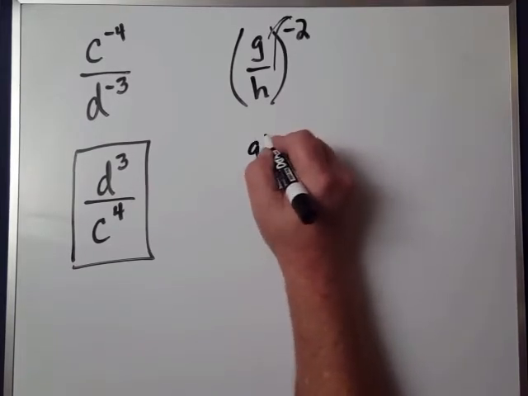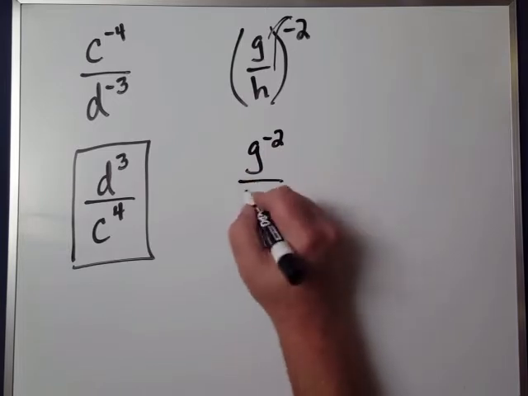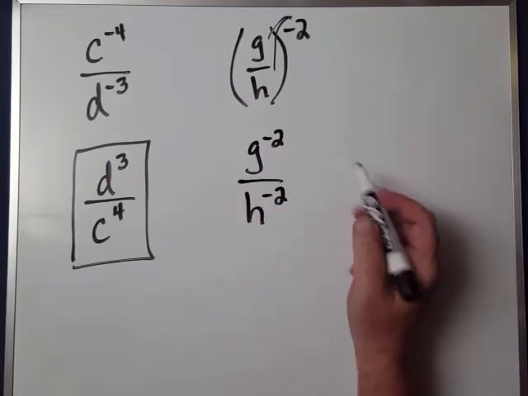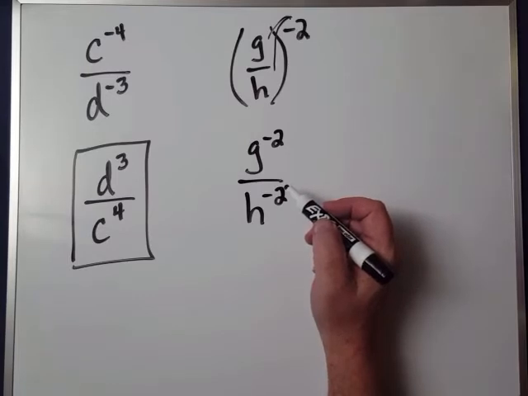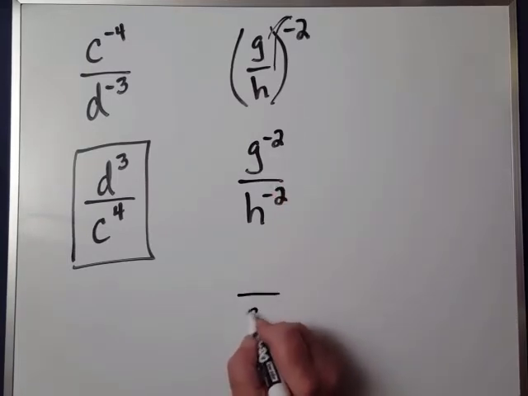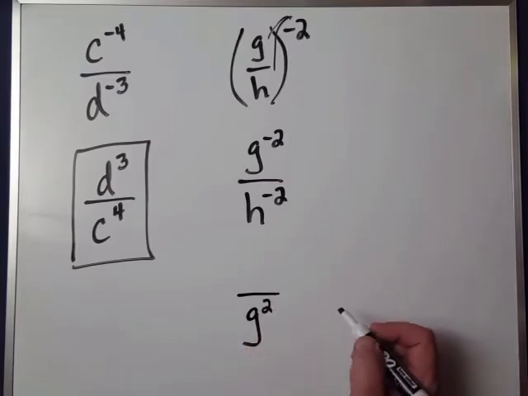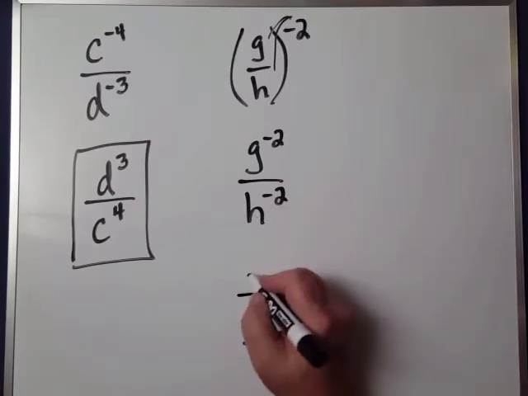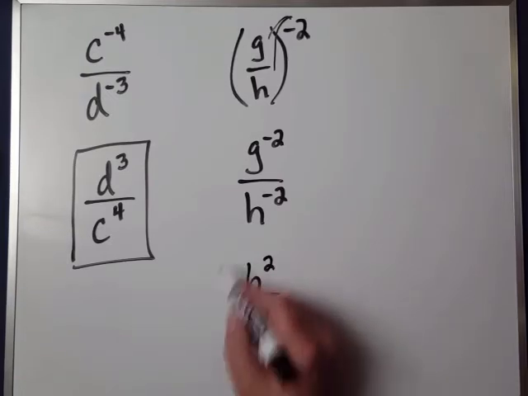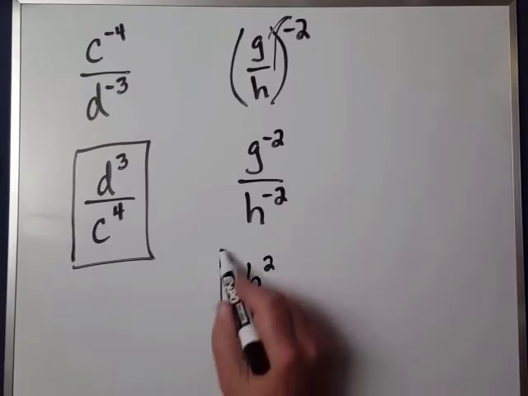This would give me g to the negative 2 over h to the negative 2. And then what can I do with these negative exponents? G to the negative 2 in the top becomes g to the positive 2 in the bottom, while h to the negative 2 in the bottom becomes h to the positive 2 in the top. Now this is simplified.